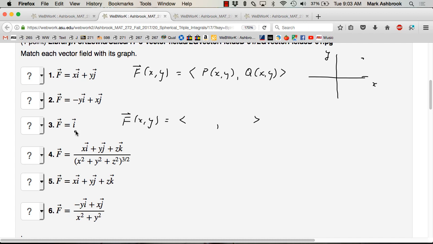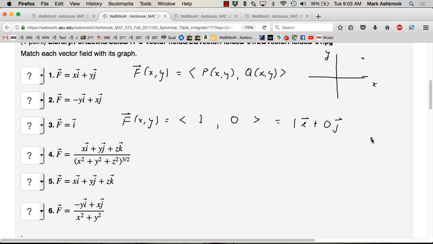It's 1 times i, right? And then what about j? 0. So no matter what location you're at, the vector you have is always 1, 0. That's what that's saying. Or 1i plus 0j.